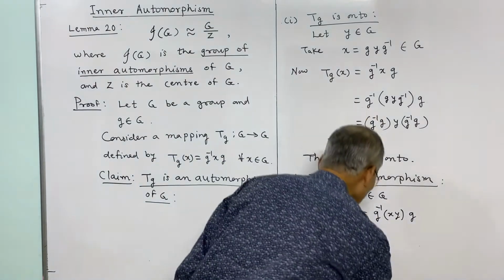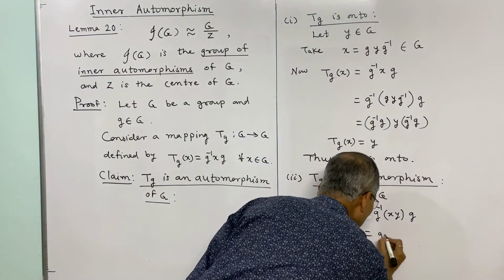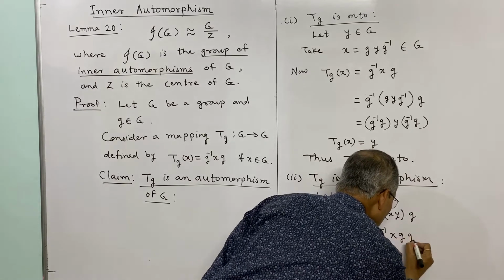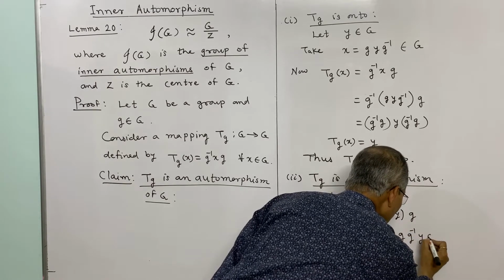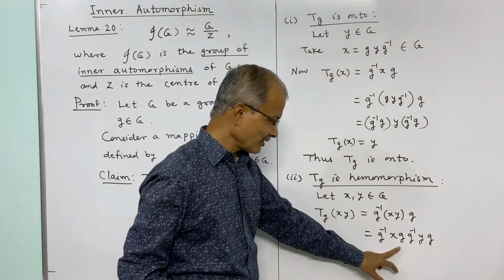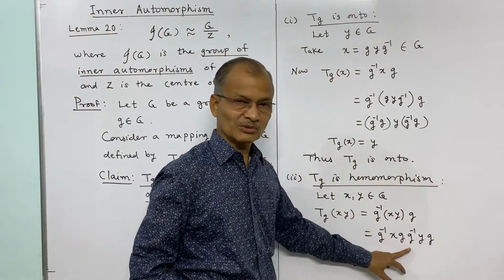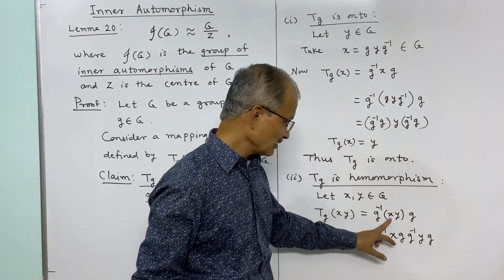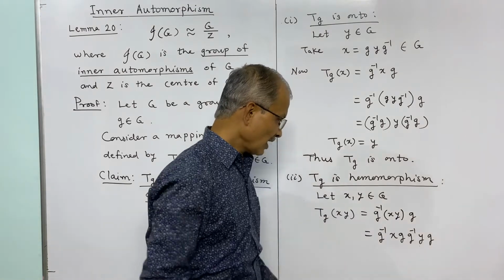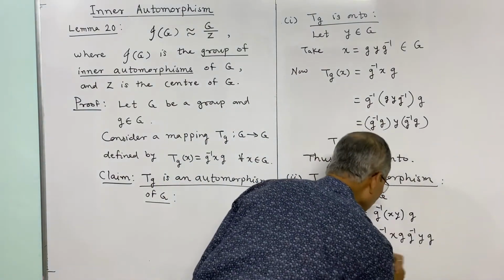For that purpose, we can write this as g inverse x g, g inverse y g. Because of the property of inverse, g into g inverse is identity, and thus the element is unchanged: g inverse x y g. Now we group these.